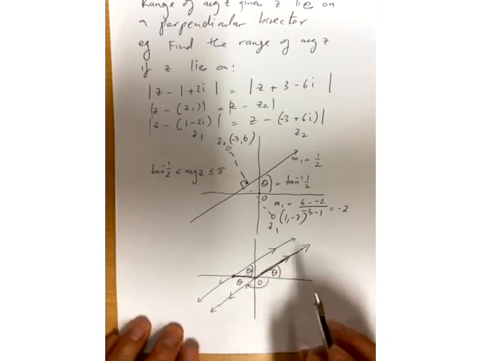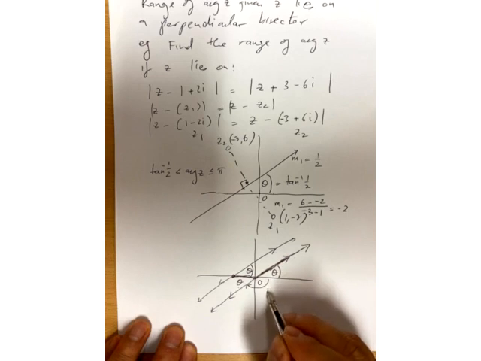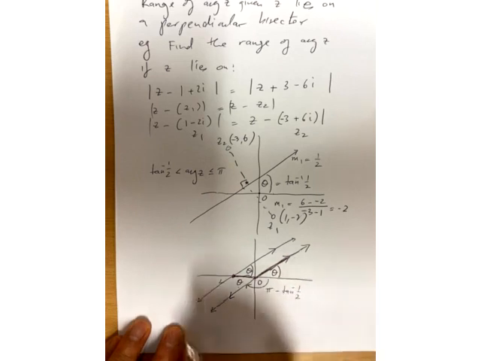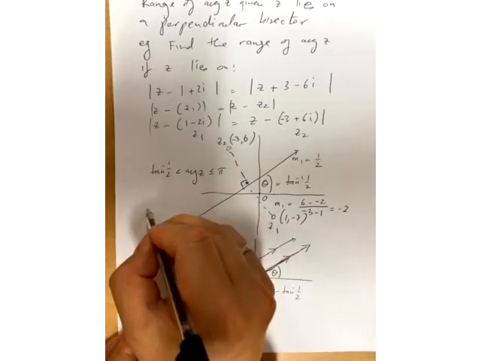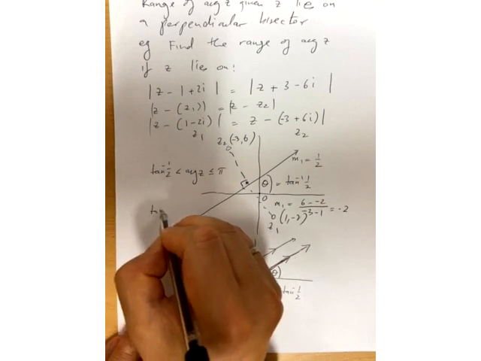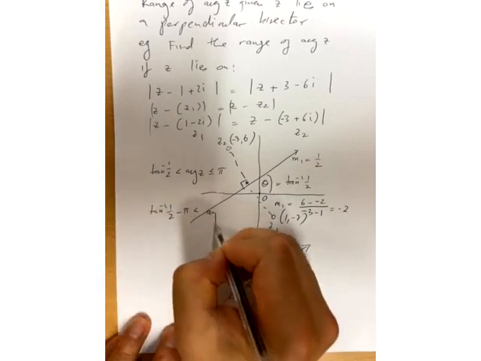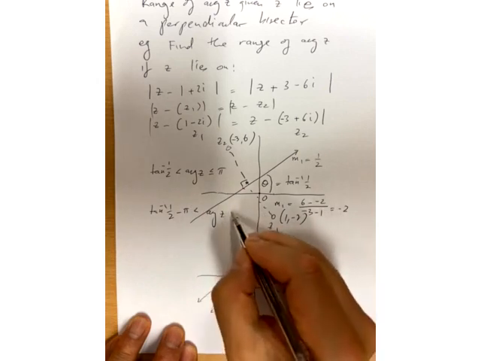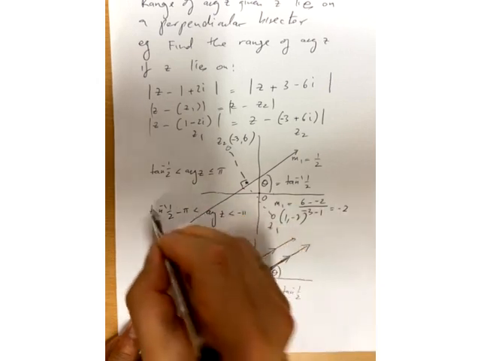And that is going to be, if that's theta, which is tan inverse of a half, in terms of the size of it, pi minus tan inverse of a half. And that would be, in fact, tan inverse of a half minus pi, less than arg z, never equal to as well, and then less than negative, sorry, my mistake, not this one.